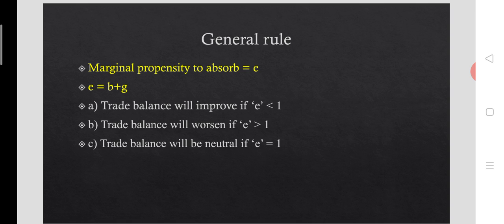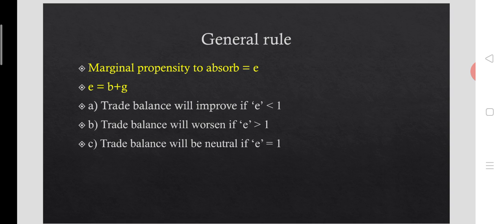Similarly, the second rule for the effect of devaluation on the trade balance is trade balance will deteriorate or worsen when E, or marginal propensity to absorb, is greater than 1. So when marginal propensity to absorb is greater, trade balance will be deteriorated further after devaluation.